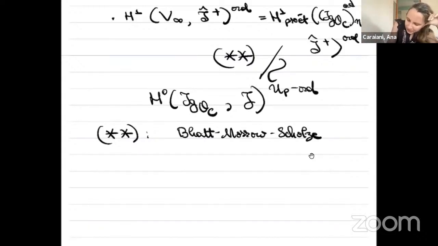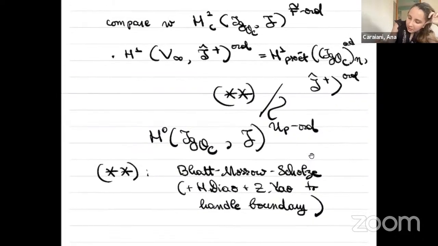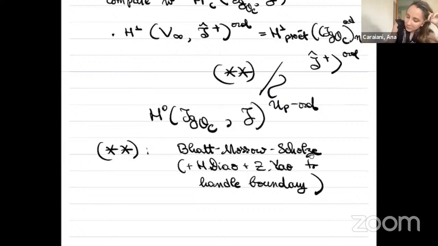And my understanding is that there is forthcoming work of Hansheng Diao and Zijian Yao that would work in that setting. But there may be other results as well. So you need something to relate this kind of sheaf, say O hat plus, to differentials.